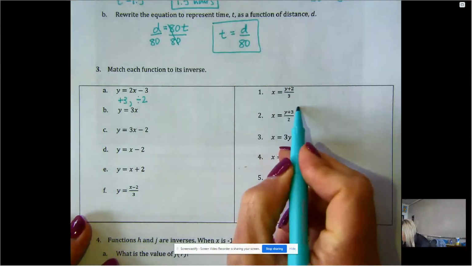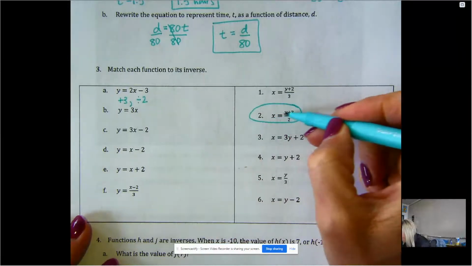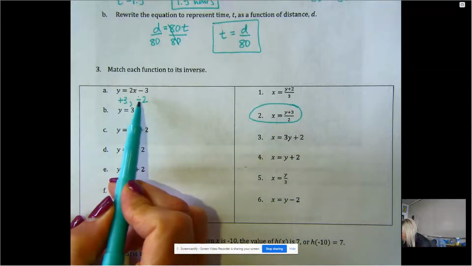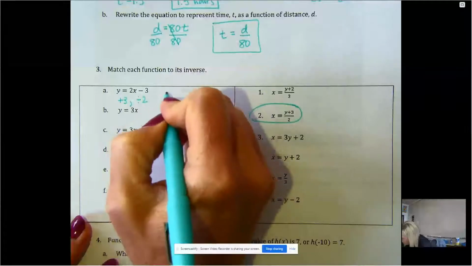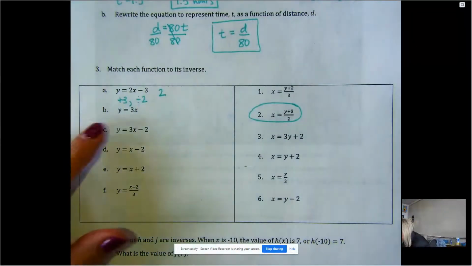Looks like this one here. So the input and output is reversed, and then I'm going to add the 3 first and then divide by the 2. So A matches with equation 2.